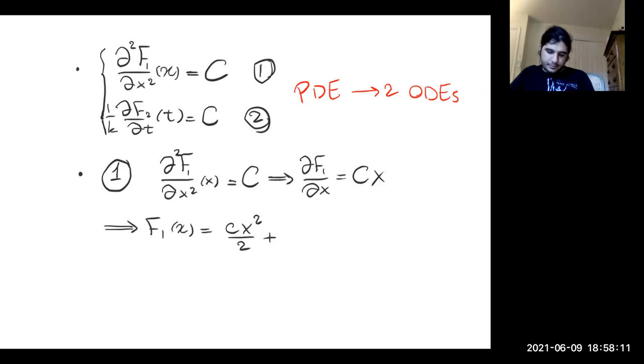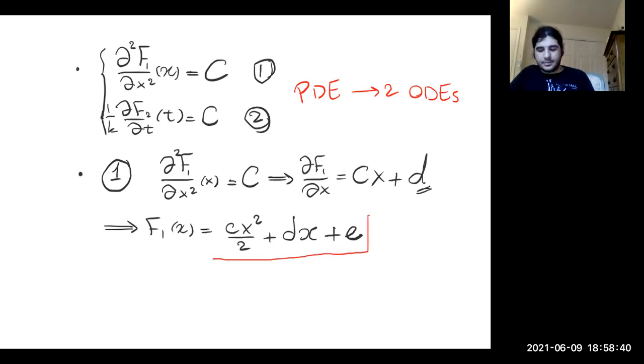Did we have another constant too? Yeah, we could have another constant here. Sorry, I forgot. We would have one extra constant here. So here we would get dx plus a third constant e. So that would be f1, where c, d, and e are constants.